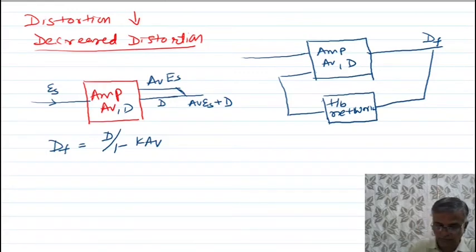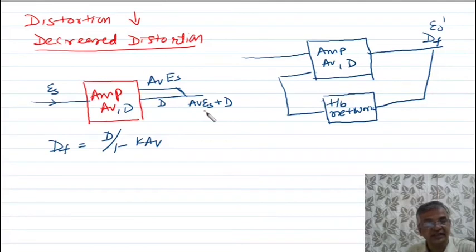So the output of this is your EO dash, and I can compare the distortion of the two circuits only when the output of both circuits is equal, meaning EO dash should be equal to AV ES. Listen again. This is the amplifier circuit without feedback, distortion is D. This is the amplifier circuit with feedback, distortion is DF.